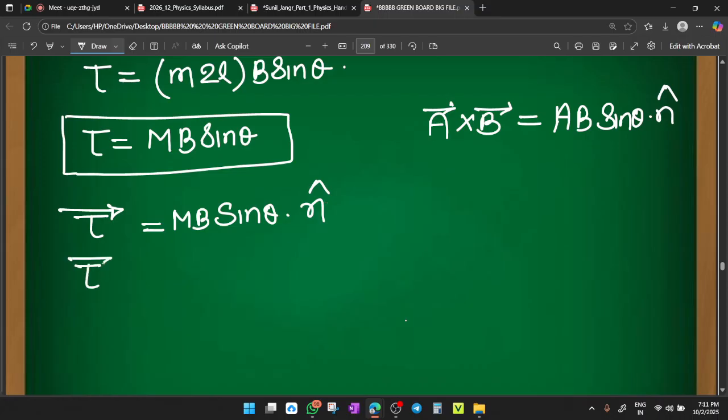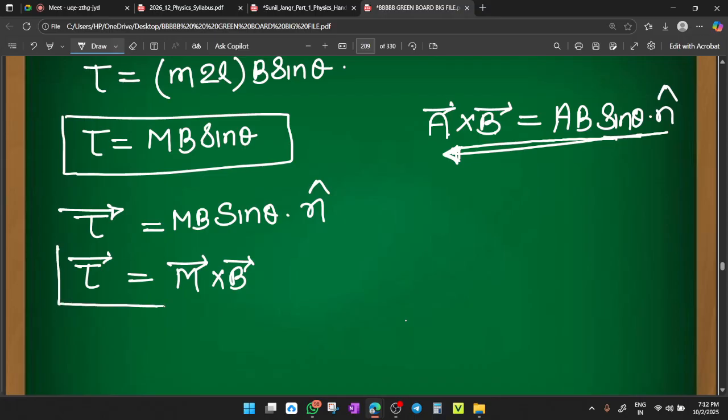Now eliminate sine theta by using this formula in reverse: A cross B can be written as M cross B. So MB sine theta may be written as M cross B. This is the vector form. Clear?